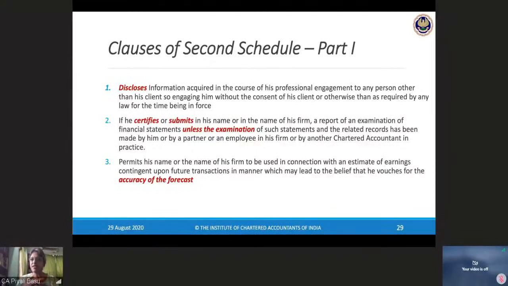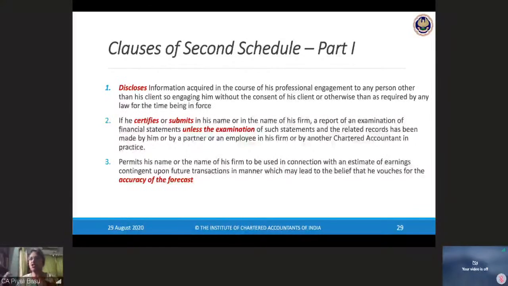That has been allowed by clause 2, part 1, second schedule, that yes, we can rely on that and we don't have to check, unless and until something comes up which gives rise to a situation that he might have missed something.